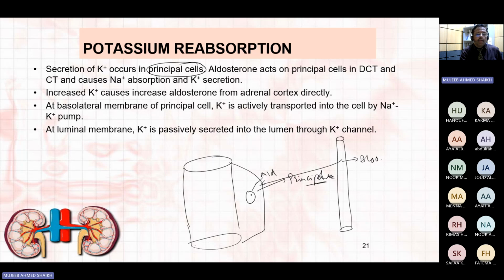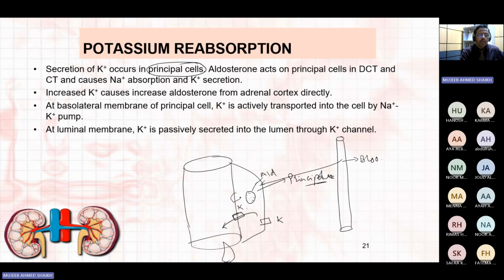It will enter the cell and act over the nucleus or the DNA, which will lead to the formation of new channels known as potassium channels. Potassium channels are formed because of the action of aldosterone. So whenever potassium is to be lost, it will easily pass from the cell into the tubular fluid, which will ultimately go into the urine. This is how the action of aldosterone decides the amount of potassium to be excreted in the urine.